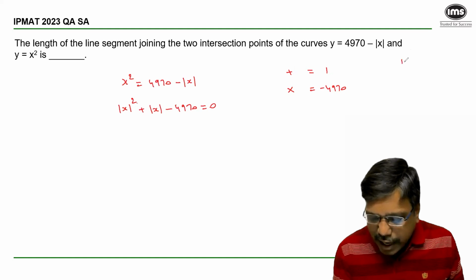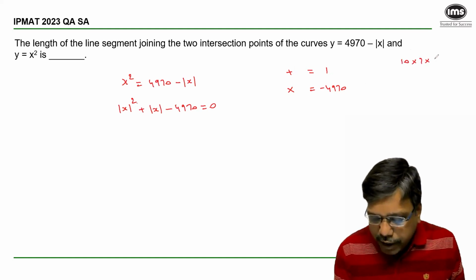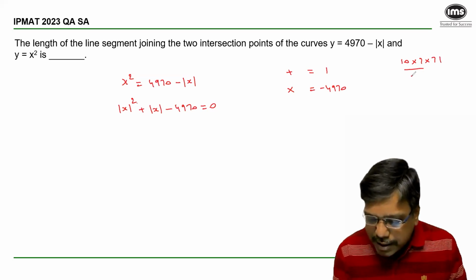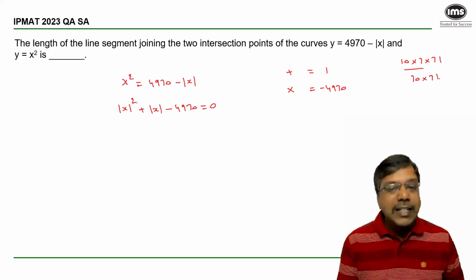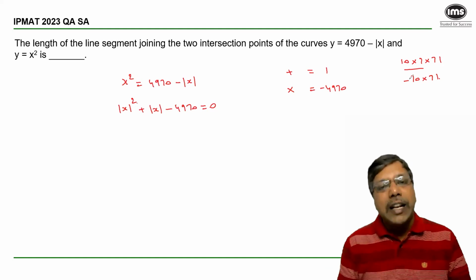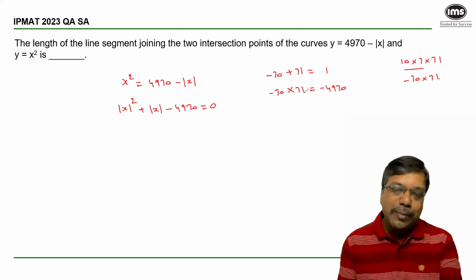So I will write this as 10 into 497, 7 into 71. 71, I can't factorize further, but I see a clue here. So 70 into 71. And since I want the sum to be plus 1, what if I say 70 is minus? So minus 70 plus 71 fits the bill, minus 70 into 71.